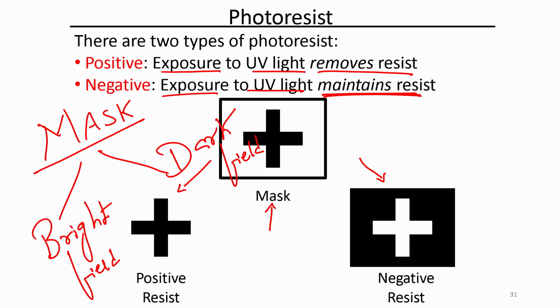Bright field and dark field mask. So, let us see how bright field mask looks like and let us see how dark field mask looks like. So, I will show it to you.